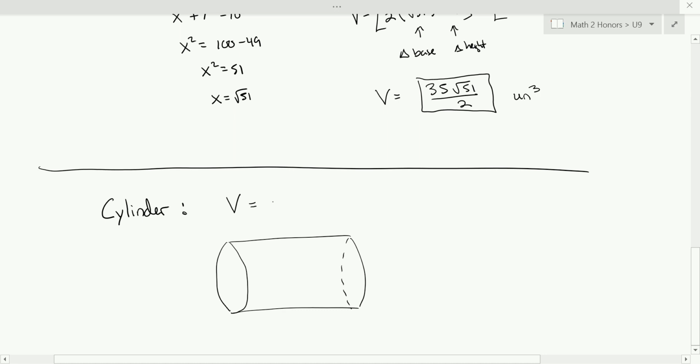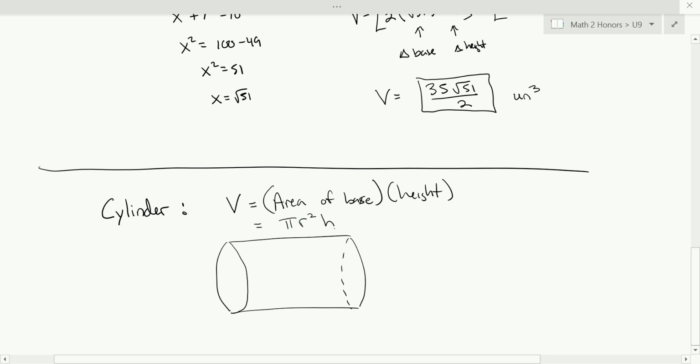Area of the base times the height. But because we know the base is a circle, we can give a more specific formula. So what's another way to say area of the circle? Pi r squared, and we'll let h be the height.